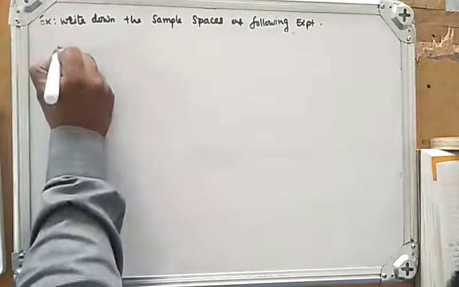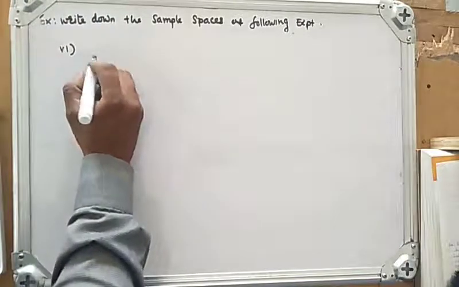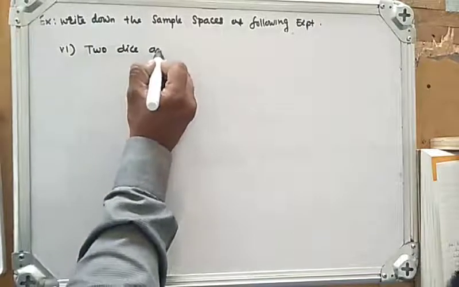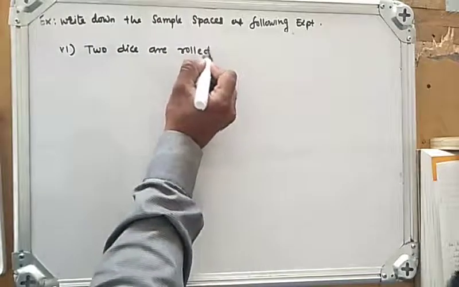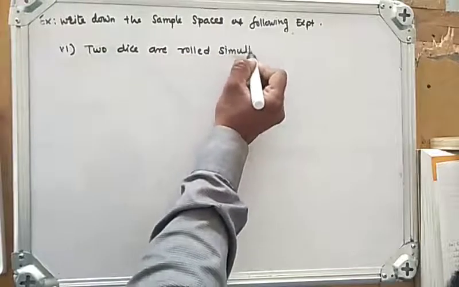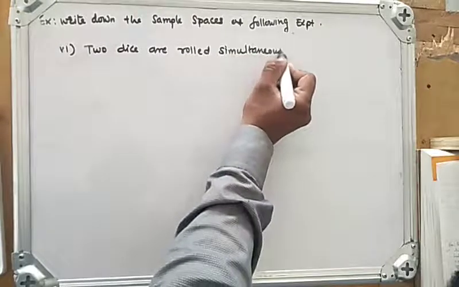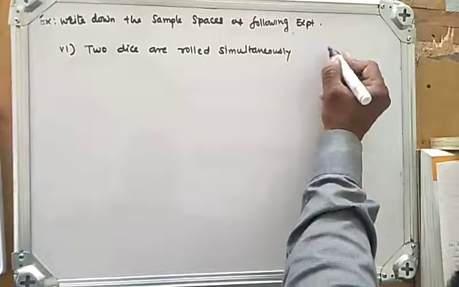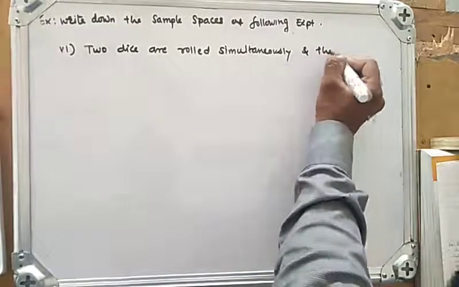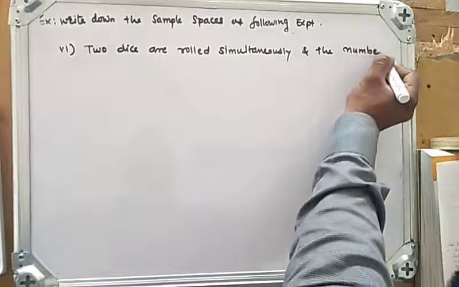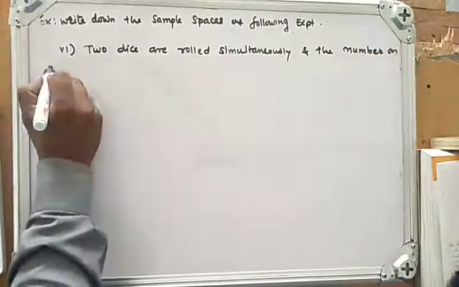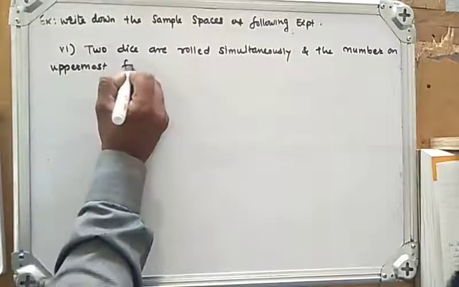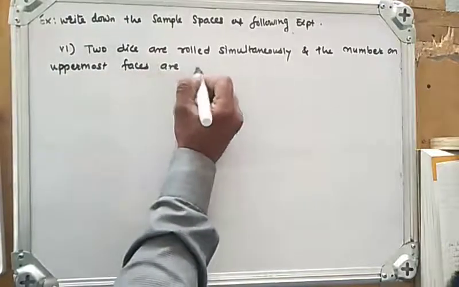Let's see the 6th example. Two dice are rolled simultaneously, and the numbers on the uppermost faces are noted.